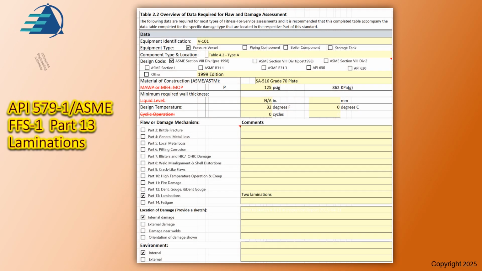Like always, we go back to Part 2, look at Table 2 and do an overview of the flaw and damage assessments. The design is shown here. It's pre-1999. We have the tag number, and all this would be found in the assessment, which should be organized.